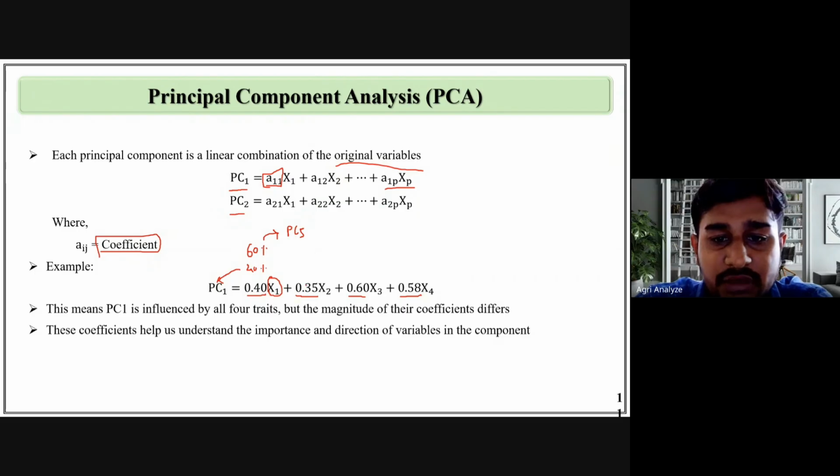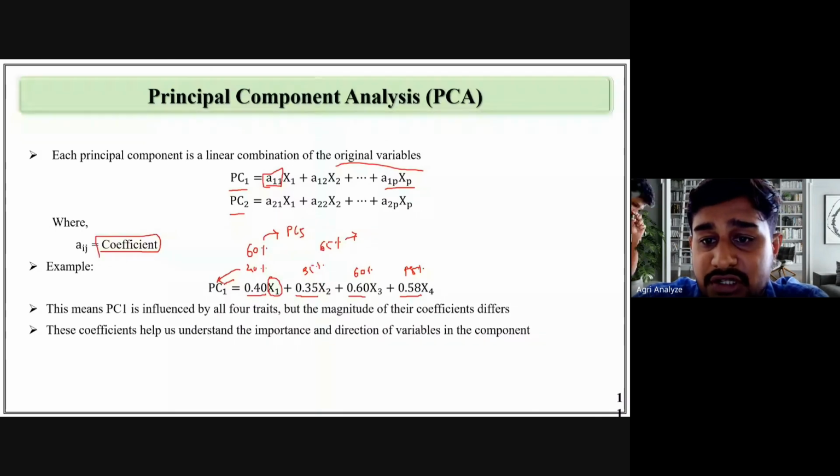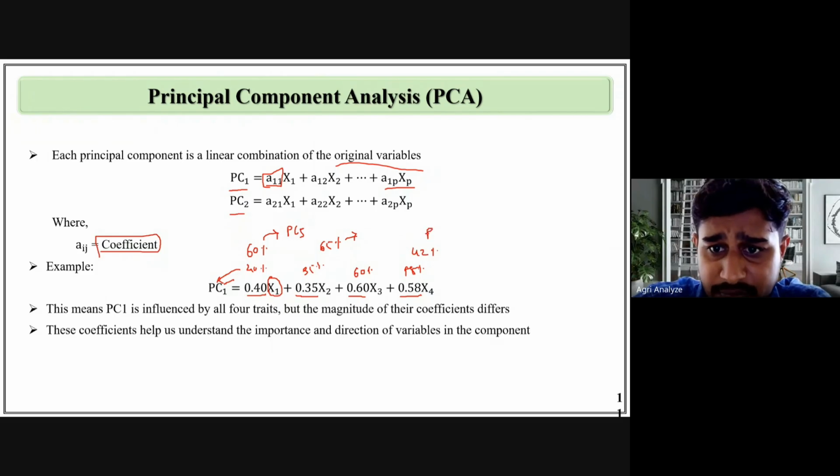Same for x2 variable: out of 100% of variation, 35% was explained by PC1, and the remaining 65% by other PCs. Same for x3, 60% of variation was explained by PC1. Same for x4, it is 58%. The remaining 42% was explained by other PCs.